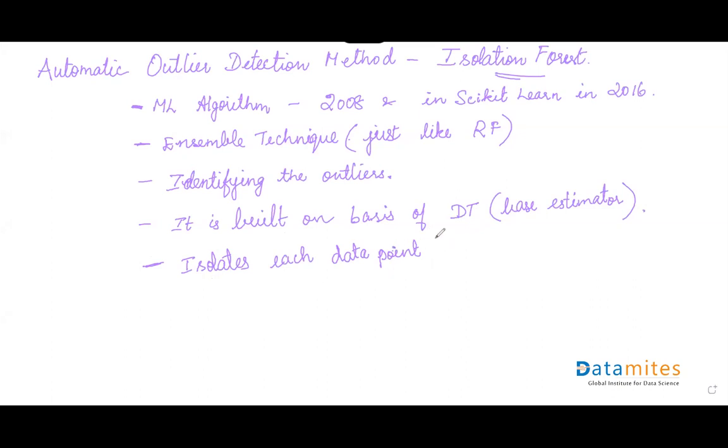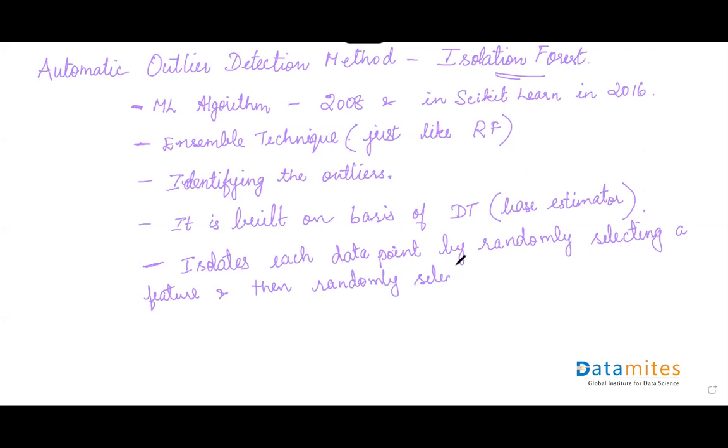It isolates each data point by randomly selecting a feature, and then again it randomly selects the split value.